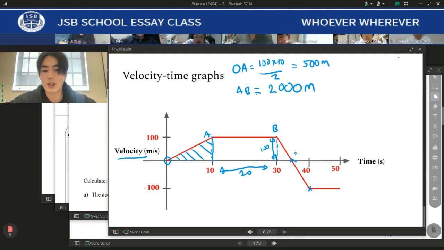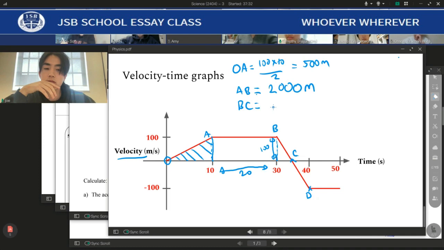So let's call this C and let's call this D here. Timothy, B to C, what do you think the area is for B to C? 250.